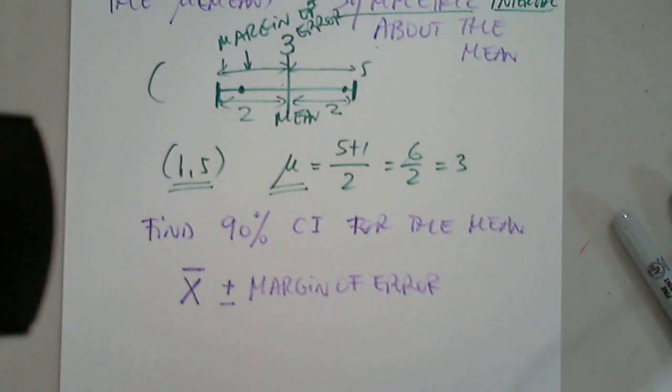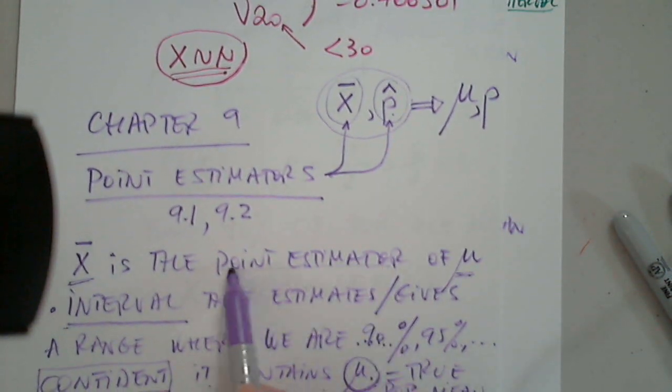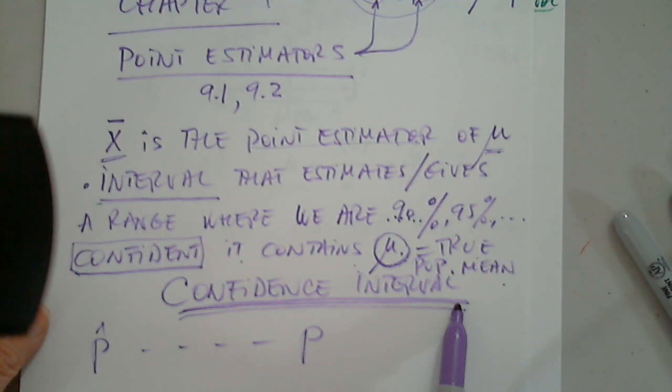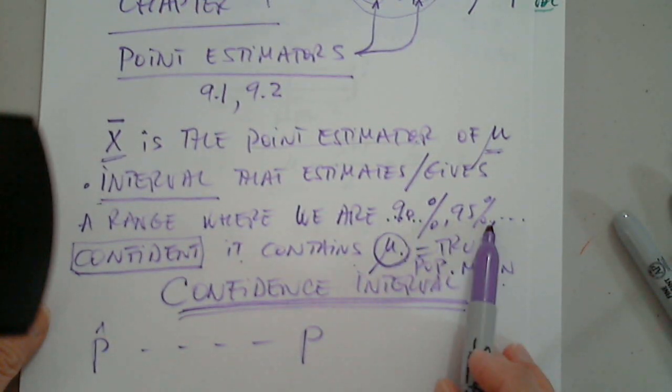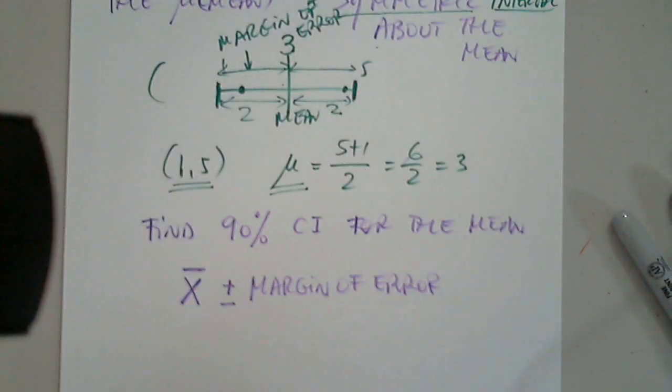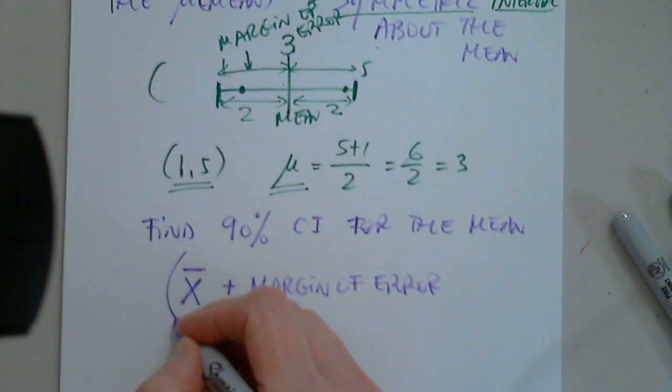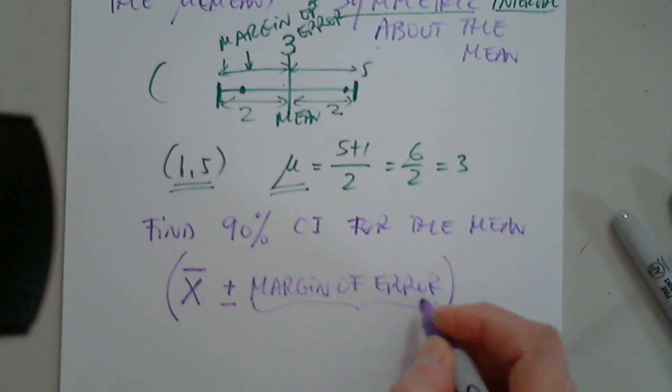If I don't have the point estimator, I cannot determine a confidence interval of any level you want. So I have to have the point estimator. Once I have the point estimator, I add and subtract the margin of error, which is denoted by E.